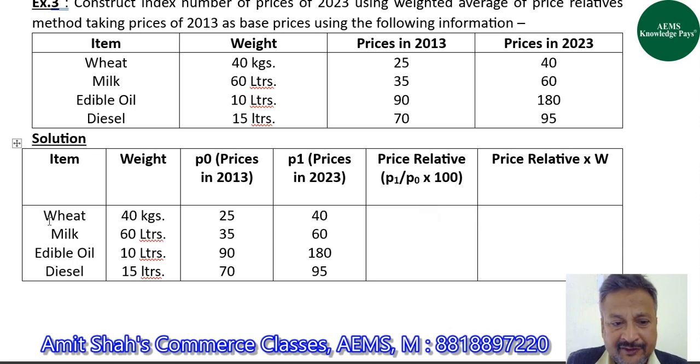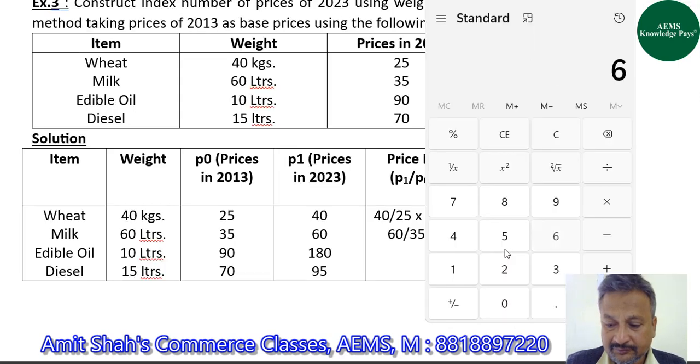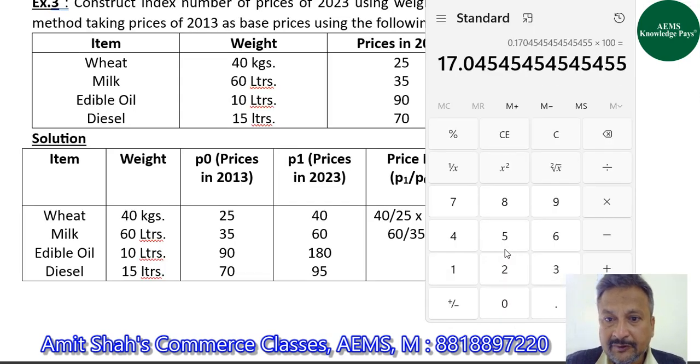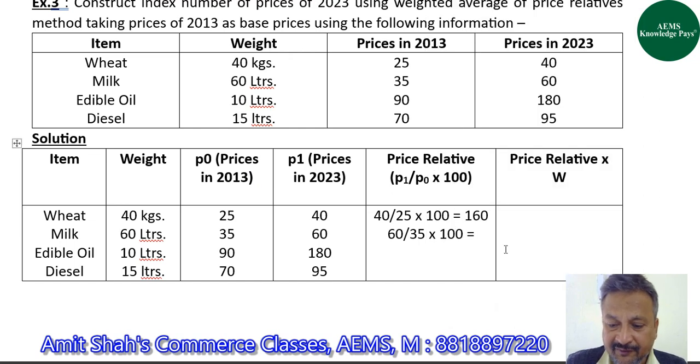So here guys, for the first item wheat, price relative would be 40 divided by 25 into 100, that is 160. Then 60 divided by 35 into 100, that is 171.42.